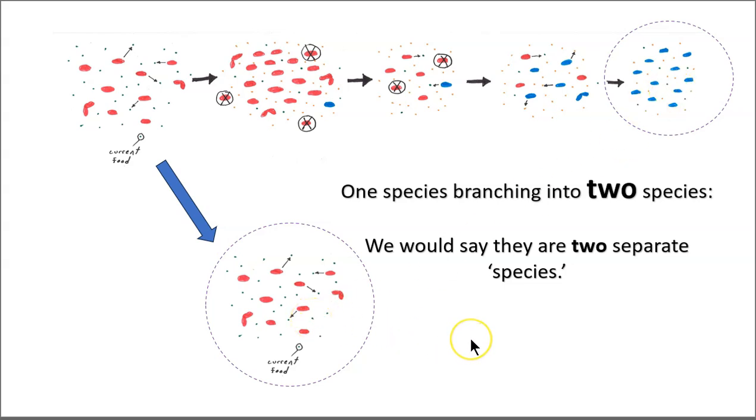So a species, we can define that as a population of individuals that can interbreed and produce fertile offspring. Well, if enough DNA mutations accumulate in these separated populations where they can no longer interbreed to produce fertile offspring, we would say they're two species. In the case of bacteria, they don't reproduce sexually, but we can still sort of use this idea that they would be different types of bacteria.